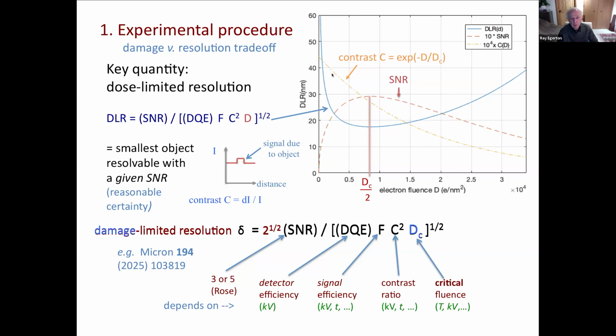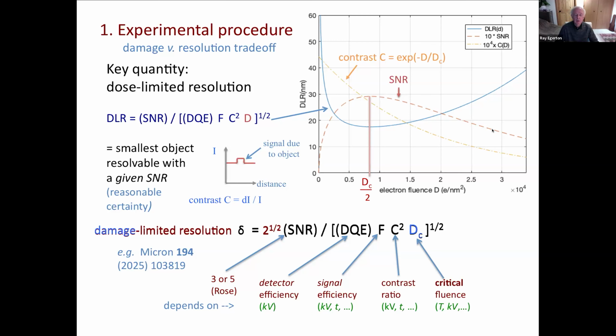Here in the yellow curve, I'm plotting the contrast on the assumption that the contrast behaves exponentially with dose and the characteristic dose. You can show mathematically that that maximum point corresponds to half the characteristic dose. Beyond that point, there's no point in irradiating the sample anymore because your signal to noise ratio is actually decreasing. You'll get a worse image.